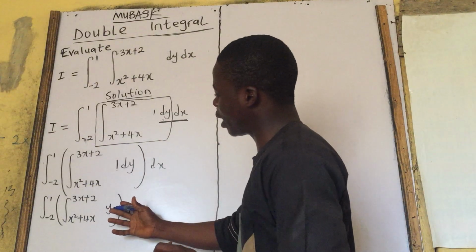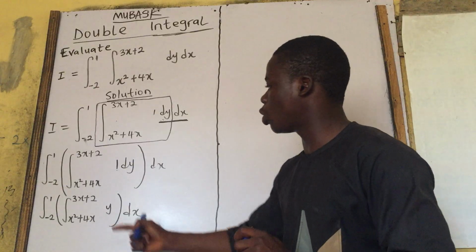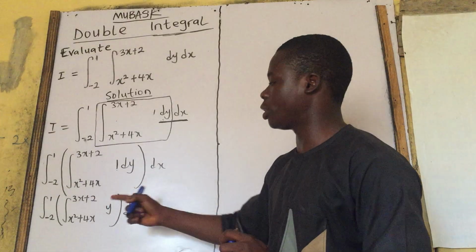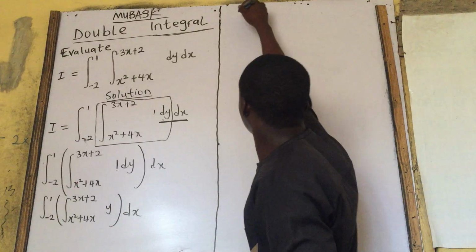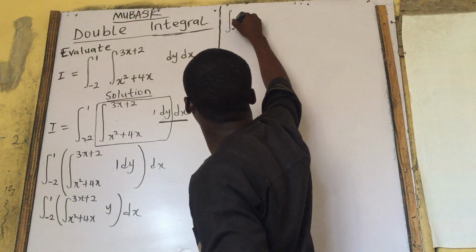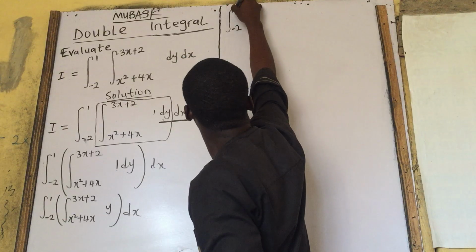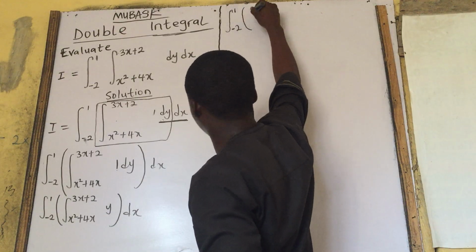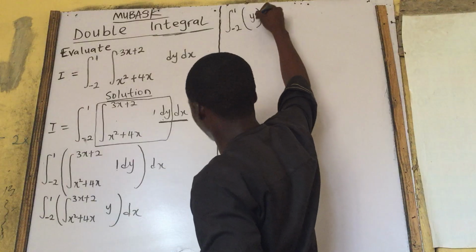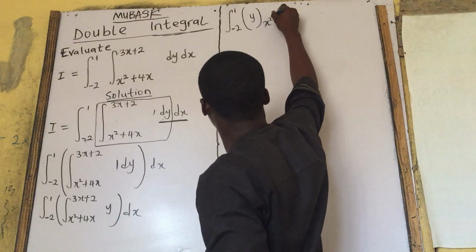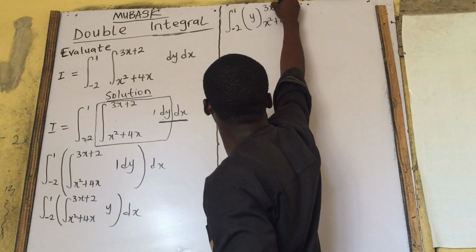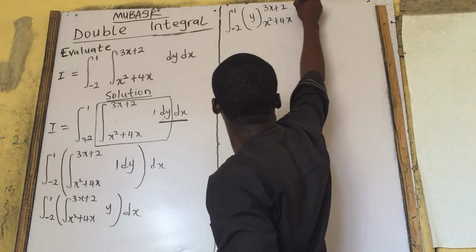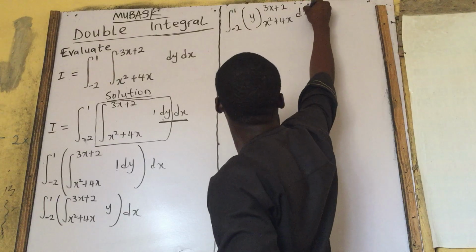Since we have integrated, we can now substitute the upper limit and the lower limit into the variable y. Integral from minus 2 to 1, open bracket, y, close bracket, from x squared plus 4x to 3x plus 2, dx.